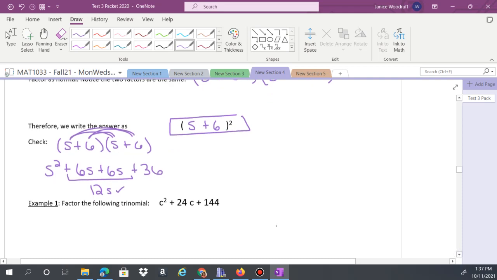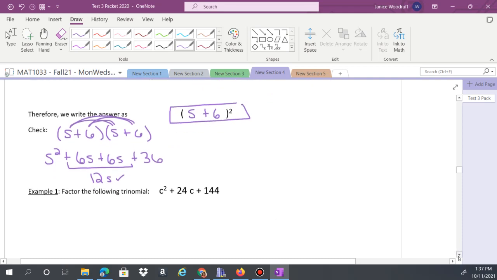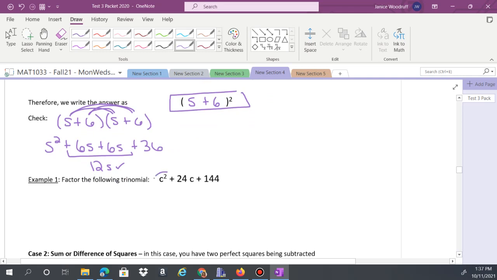So when I look at my next one, I say, oh, look, 144 is a perfect square. So is C squared. What's the square root of 144? 12. What's 12 plus 12? 24. So you say this is C plus 12 squared. C plus 12, C plus 12.